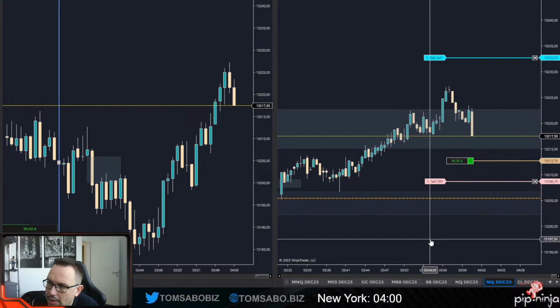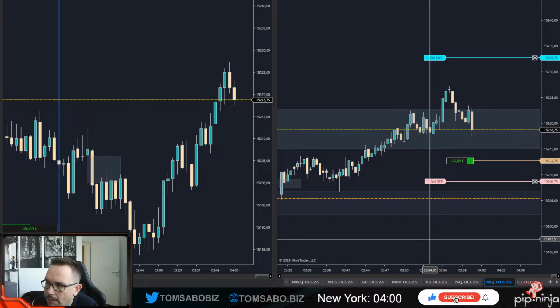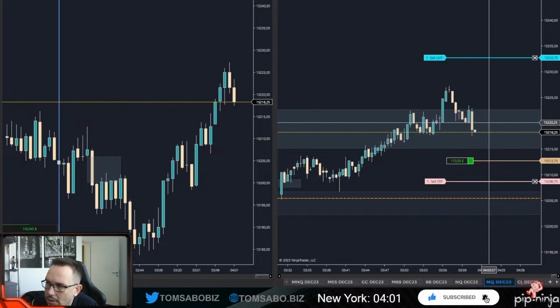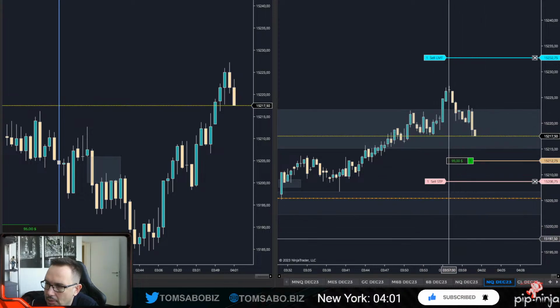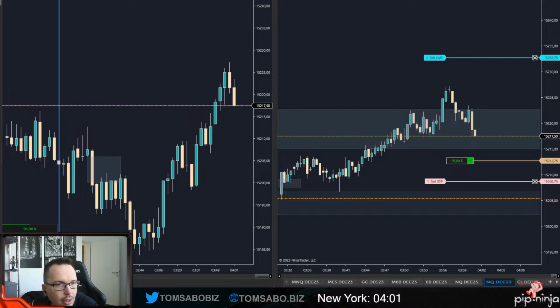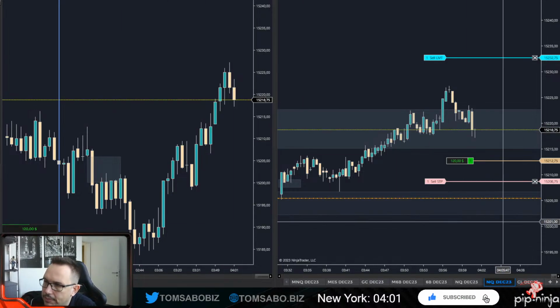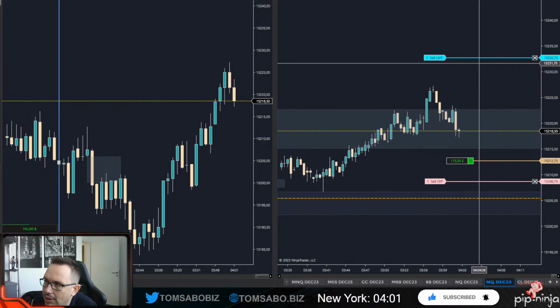Oh, look at this. It's gonna come back at me. If it makes a perfect structure break, I'm just gonna close this trade, because then it can reverse. And I don't want it to reverse. I want it to take out that high.